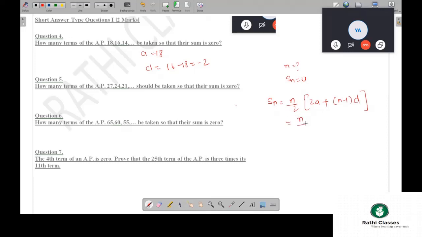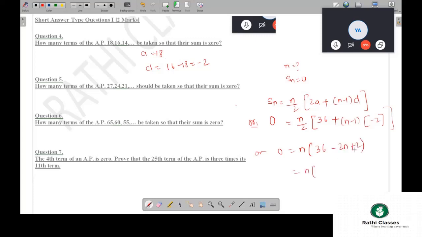So n I need to find. Let n be as it is, Sn is 0. 2 into 18 is 36, and the common difference is minus 2. Now this implies 0 equals n by 2 times 36 minus 2n plus 2.